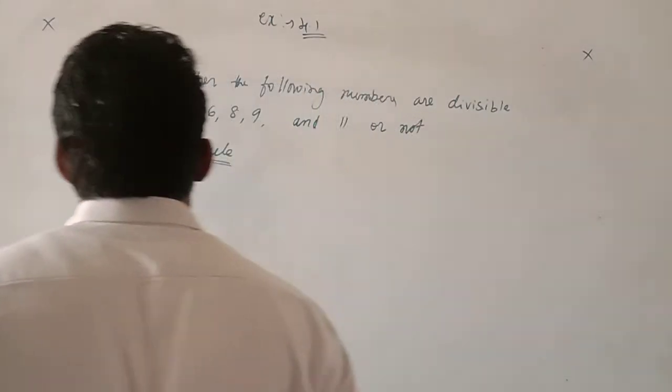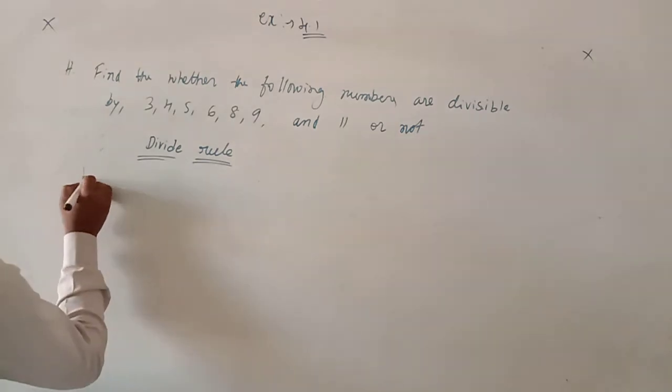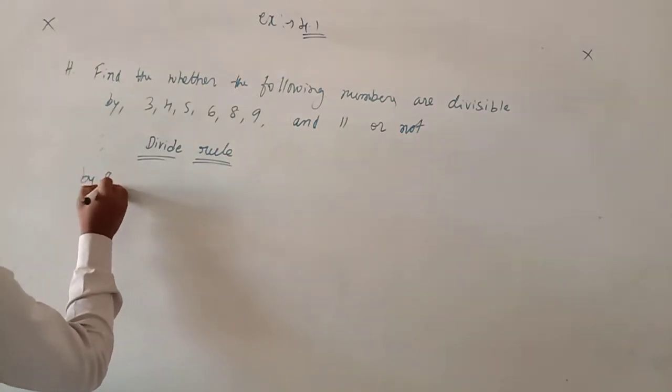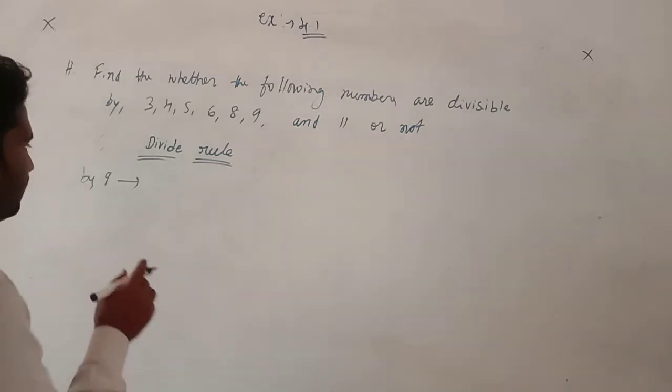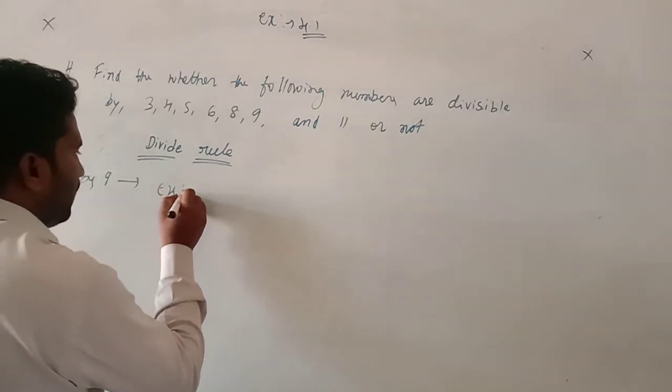So by 9. If the sum of the digits is divisible by 9, then the number is divisible by 9. I am taking only examples here.